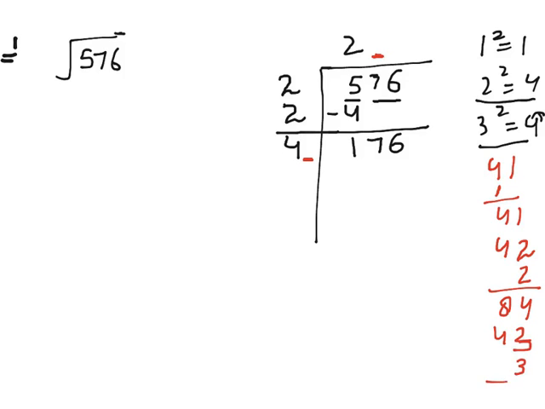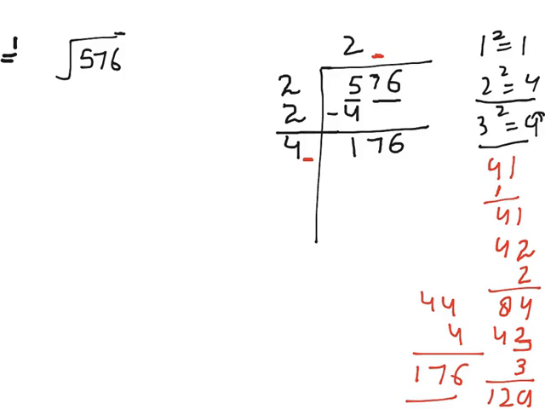43 times 3 will give us 129. So we can move further also. In that case 44: if we copy 44 and 4, then 4 times 4 is 16, and it will give us 176.